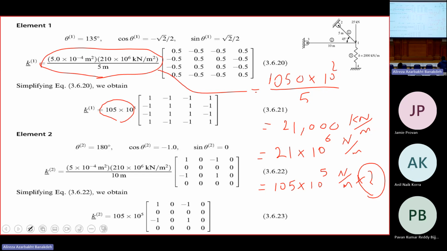This 2 goes inside, and this is outside this one, right? The difference probably is this is kilonewton over meter, but this is Newton over meter. Probably that's the difference, wasn't it? You should always keep an eye on dimensions.